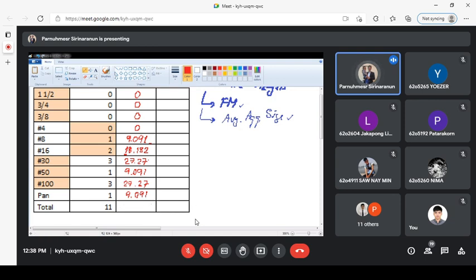Then you find the total, what you get. It's rounded up already. Yes or not? Because the number is not 100.